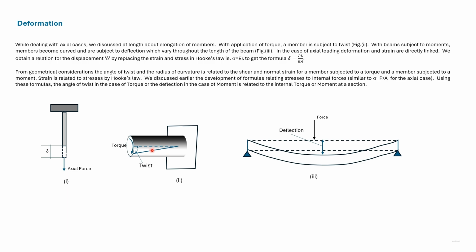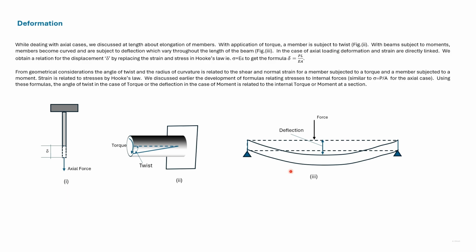In the case of a circular bar subjected to torque, from geometrical considerations, the angle of twist is related to the shear strain. In a beam, from geometrical consideration, the strain is related to the curvature, and the curvature is related to the deflection. So strain gets related to the deflection.